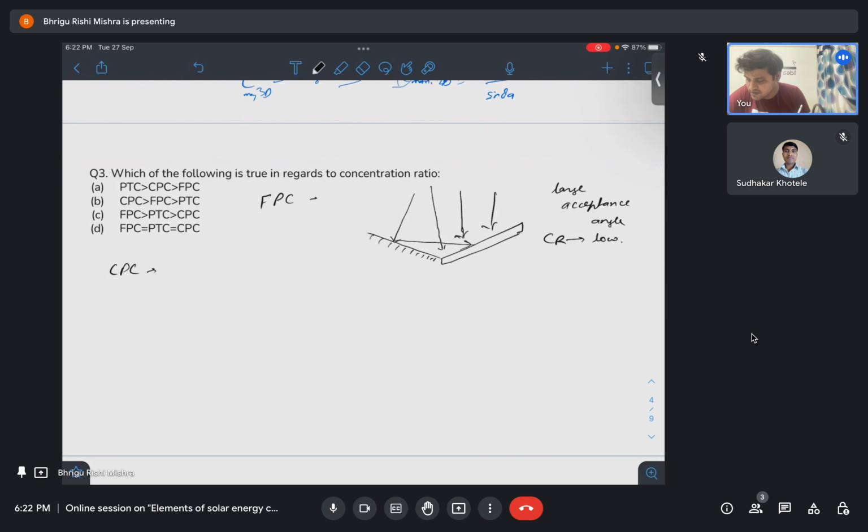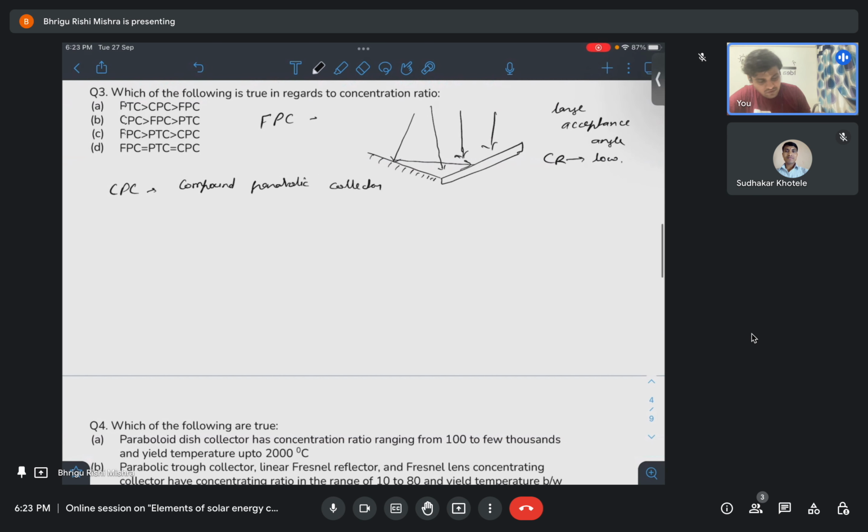So CPC is a compound parabolic collector. It has a shape that contains two parabolic mirrors, and this is the receiver.